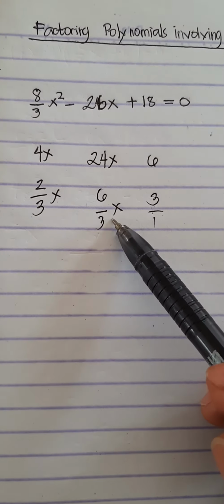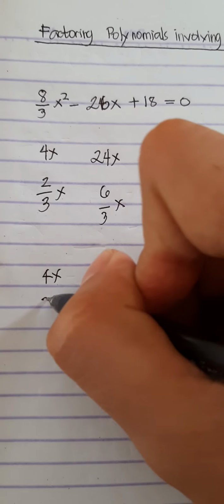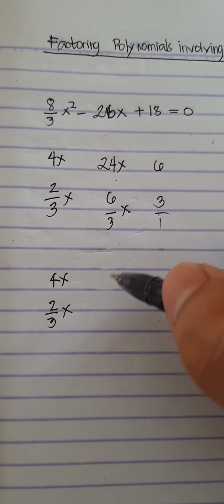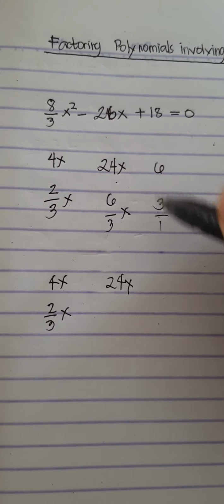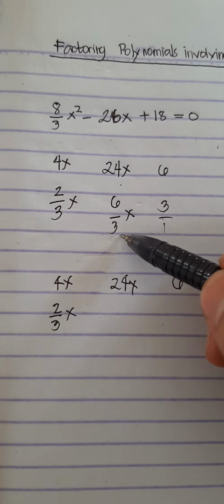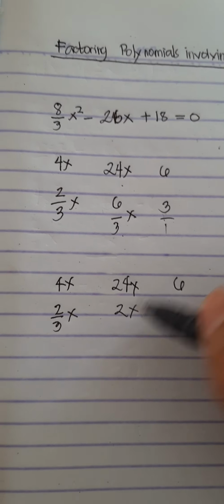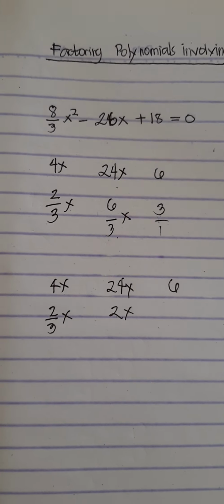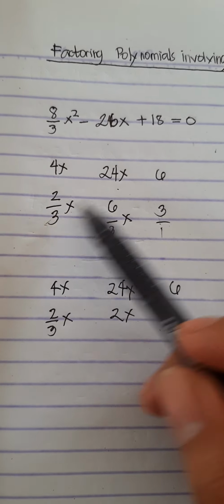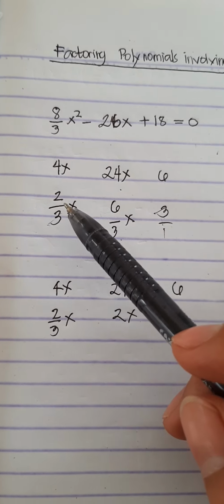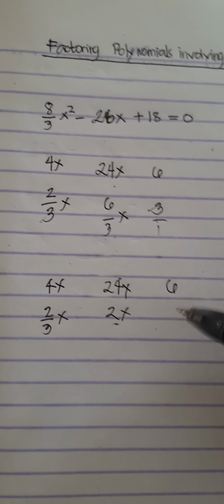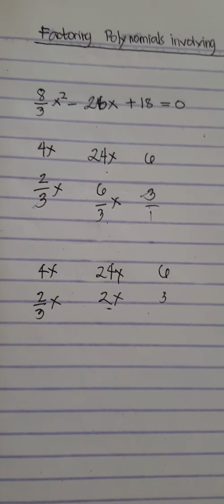So we can simplify this: 6 divided by 3, we have 2x. Or if you're familiar with the cancellation process, you can cancel out 3 and 3, and what will be left is 2x.